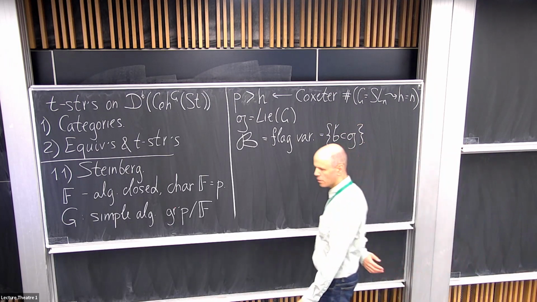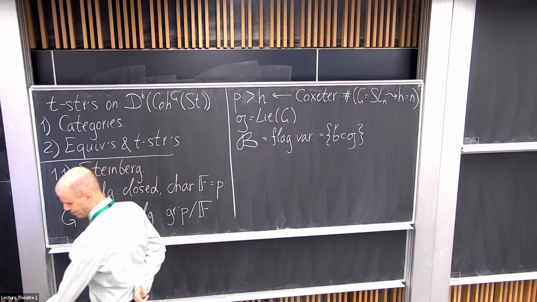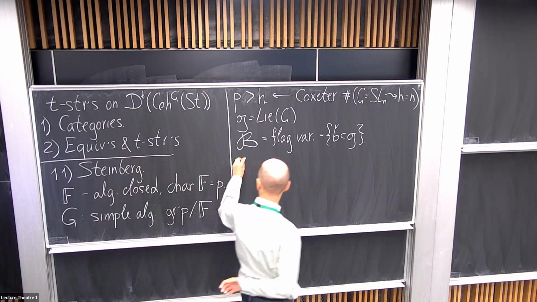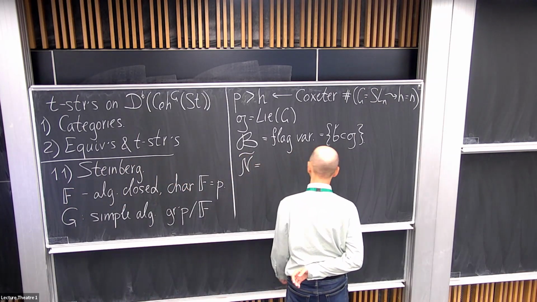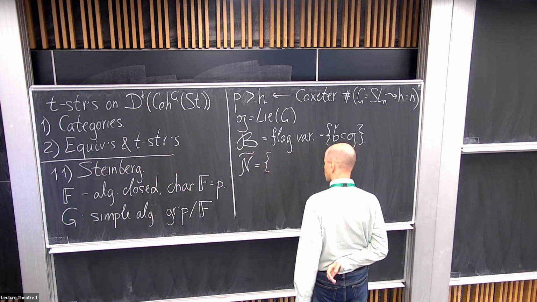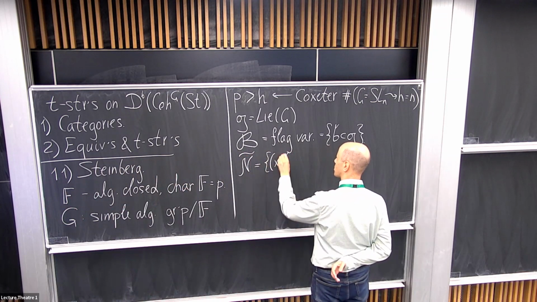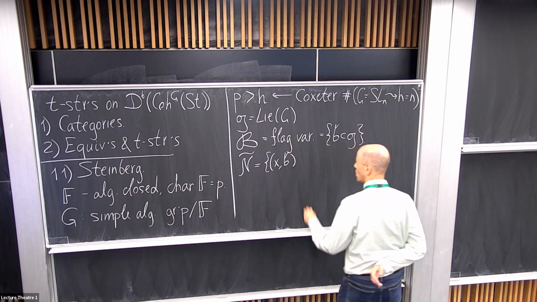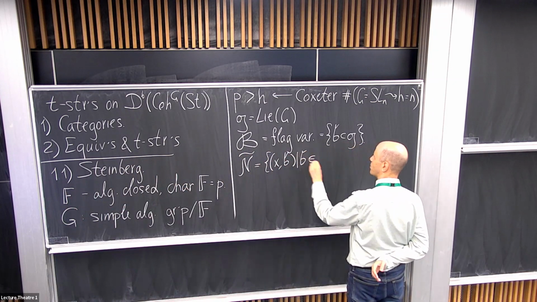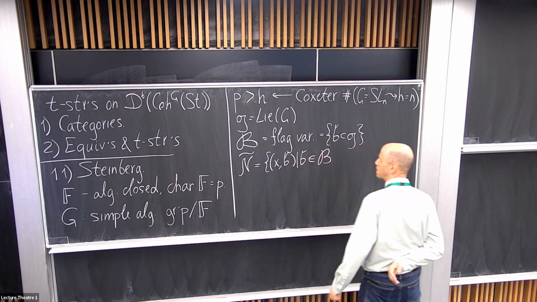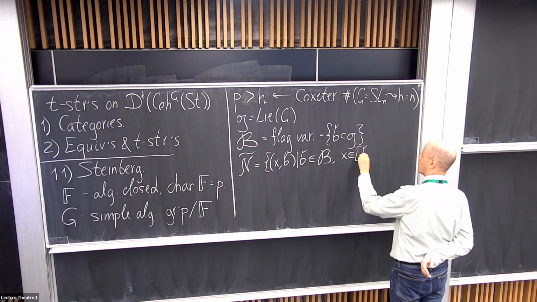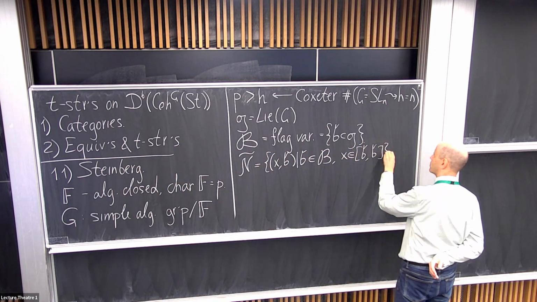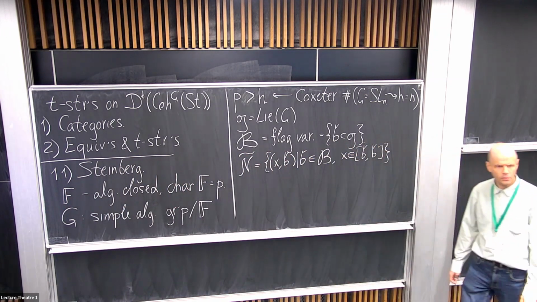Then I can consider its Springer resolution, which I will call curly N tilde. By definition, it consists of pairs X and B, where B is a Borel, meaning an element of the flag variety, and X lies in the derived subalgebra of B. Okay, it's the Springer resolution.